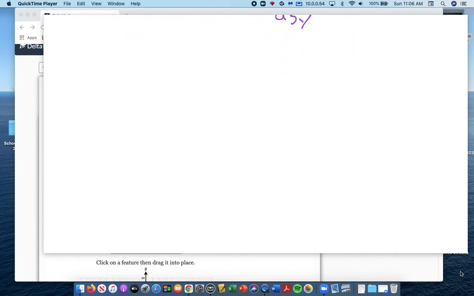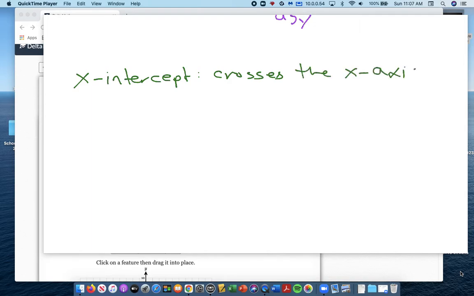So the first one, we'll talk about the intercepts, because I think those are maybe the easiest ones to get your head around. The x-intercept is where a graph crosses the x-axis. In this case, that's when y is equal to 0, because it hasn't gone up and it hasn't gone down.